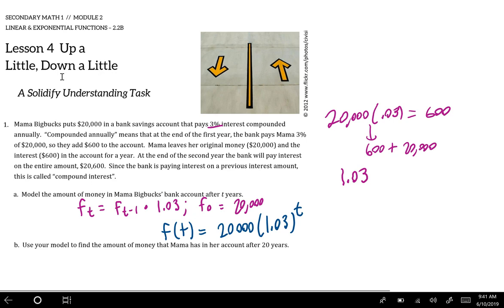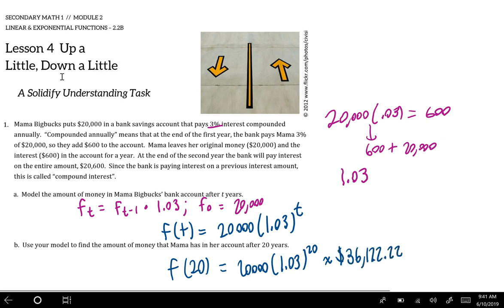And so to find the amount of money that Mama has in her account after 20 years, we're just finding f of 20. So 20,000 times 1.03 to the 20th power, and that comes out to be $36,122.22. So that's a pretty good return on investment for her.